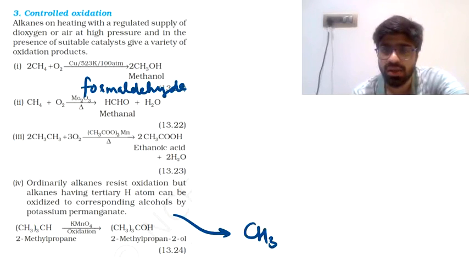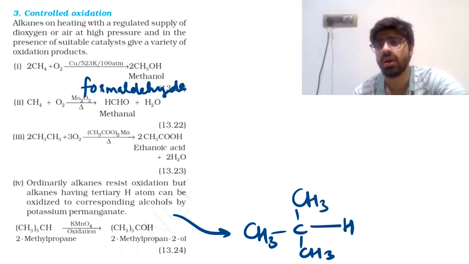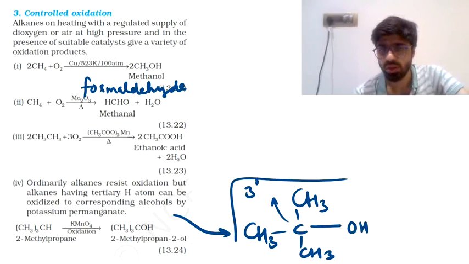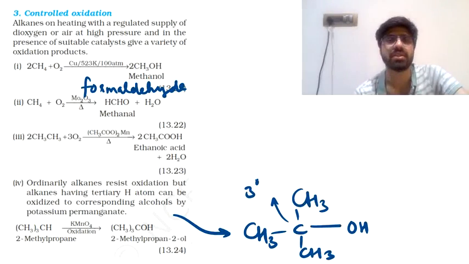So (CH3)3C-H: a hydrogen atom was present here. This was the tertiary hydrogen atom because it is attached to a carbon atom that is tertiary in nature, and by oxidation with KMnO4, that hydrogen atom was replaced with OH. So that's how you can oxidize an alkane having a tertiary hydrogen atom to an alcohol.